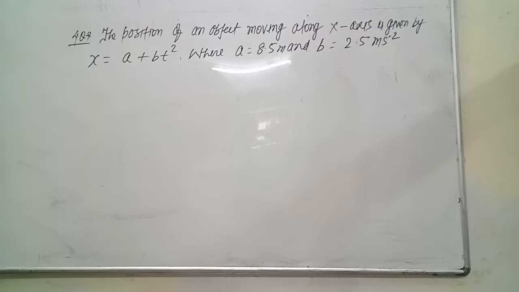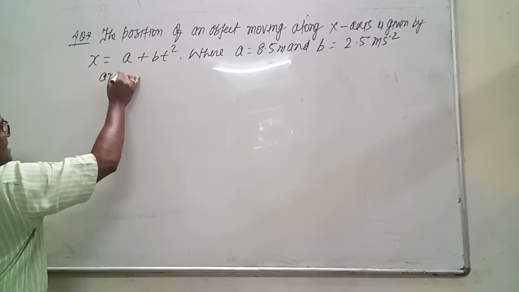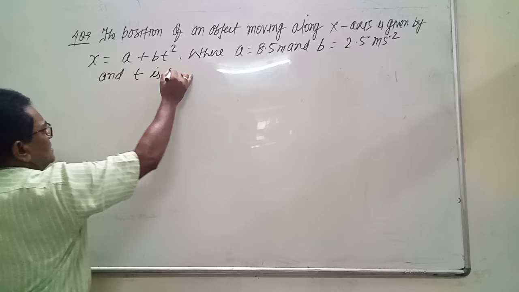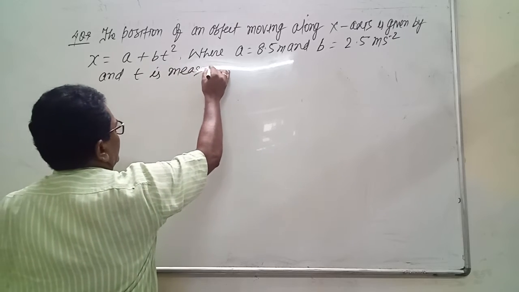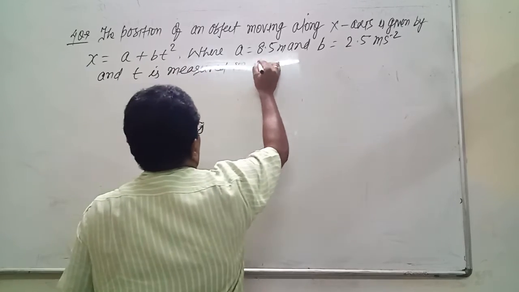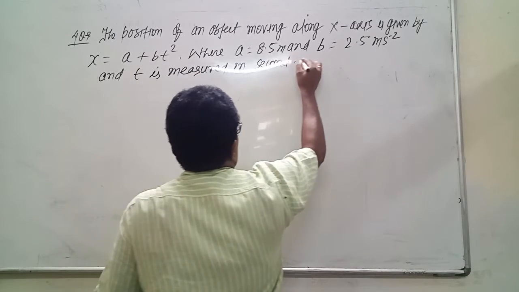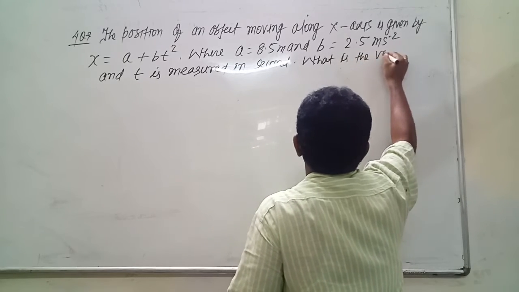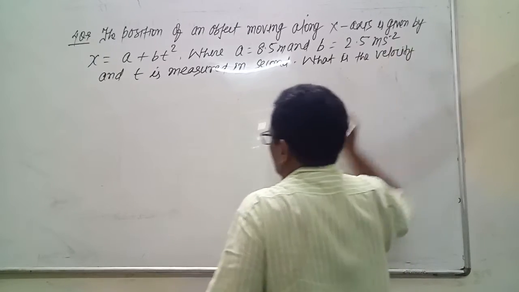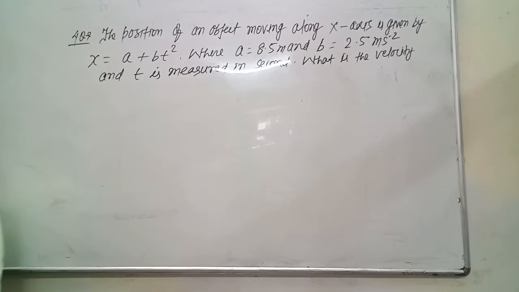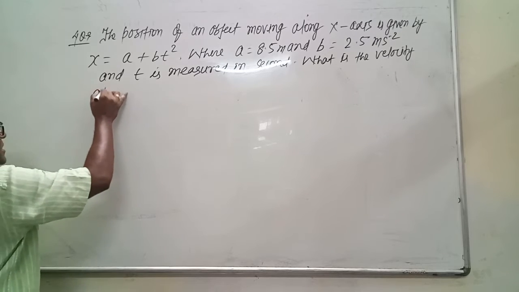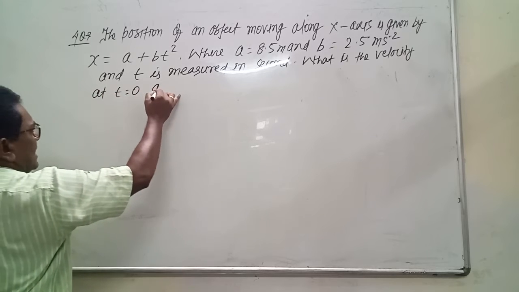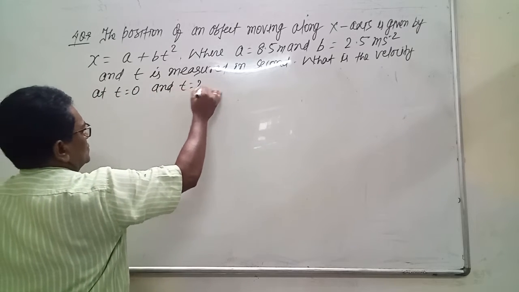So what is the velocity at t equals 0 and t equals 2 seconds?